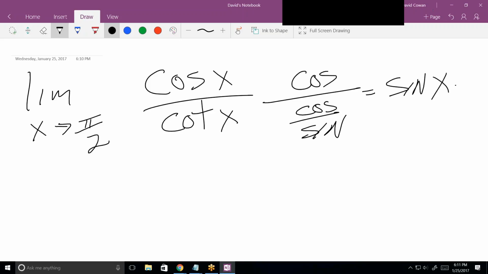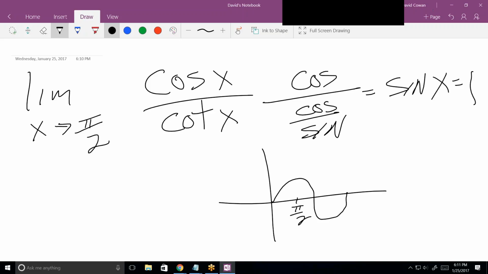What's that do? That is 1. This is the sine curve here. And this is pi over 2. So as I approach pi over 2, I'm going to 1. This point right there. Okay.